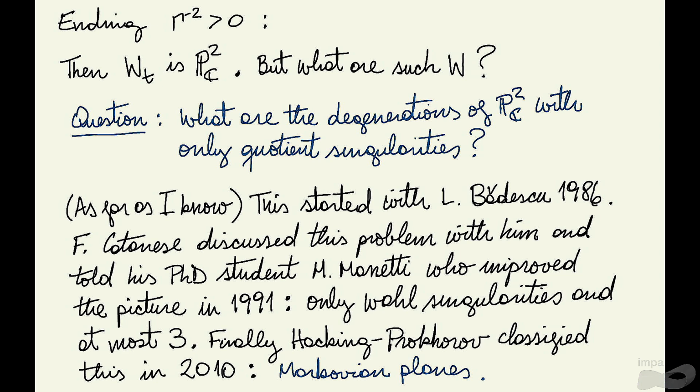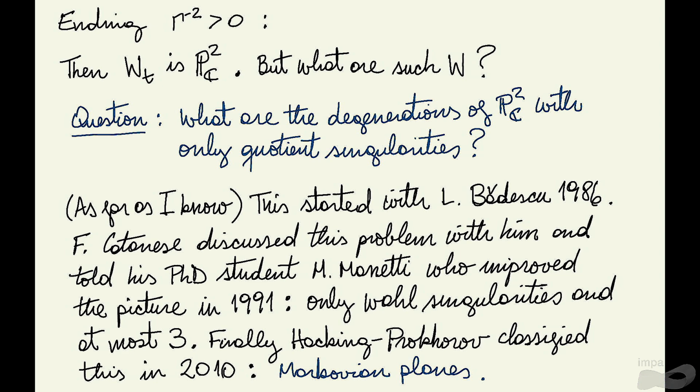For example, if you put quotient singularities, then they must be Wahl singularities, and at most 3. But he couldn't classify them, really. And then finally, Hacking and Prokhorov in 2010 classified everything. And those are going to be the Markovian planes.